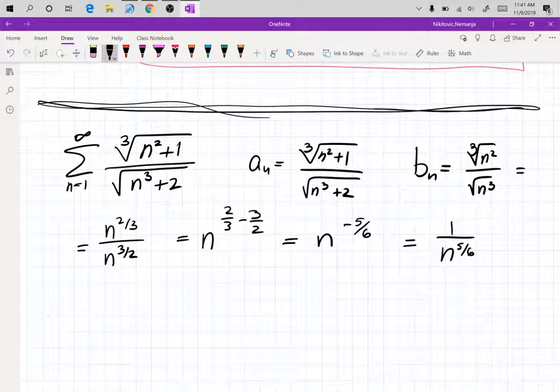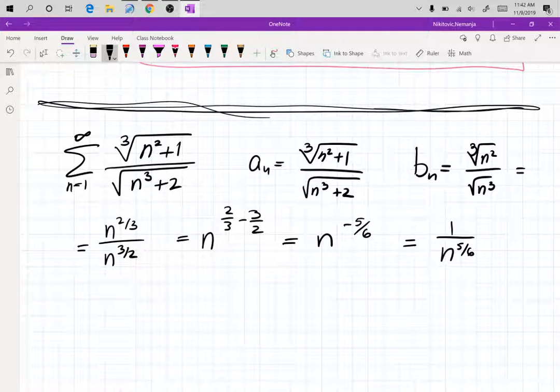Why did I do all of this arithmetic to get all the way down to 1 over n to the 5 over 6? Because I would be just fine working the limit with the Bn up there. Why did I go all the way down to 1 over n to the 5 over 6? You do that messy division, lesser chances of arithmetic error.